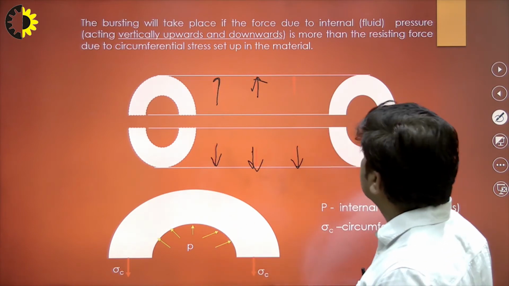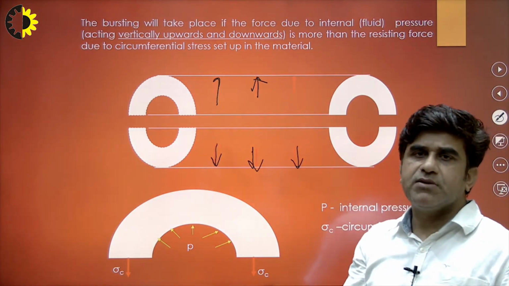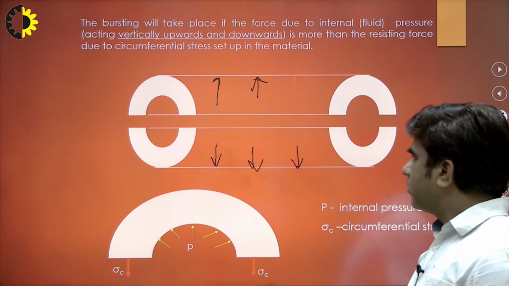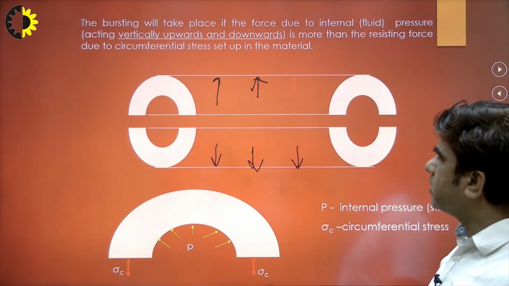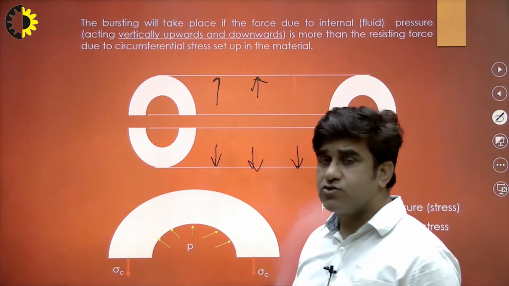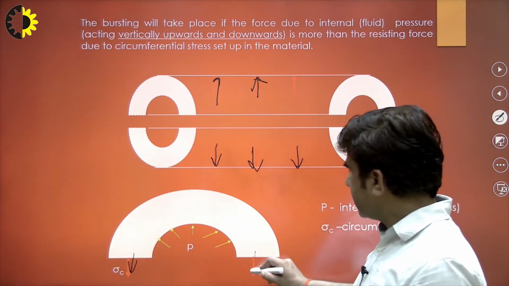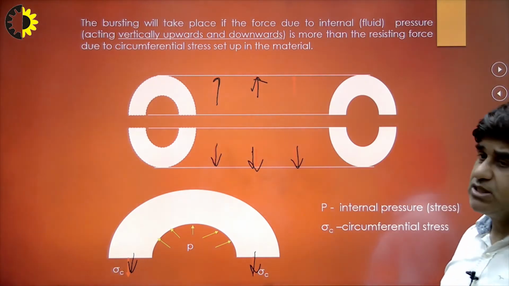If it will burst circumferentially, its diameter will increase and it will burst finally. So in order to avoid the bursting, let the material of the cylinder offer a resisting stress sigma c. So this sigma c is the resisting stress induced in the material.